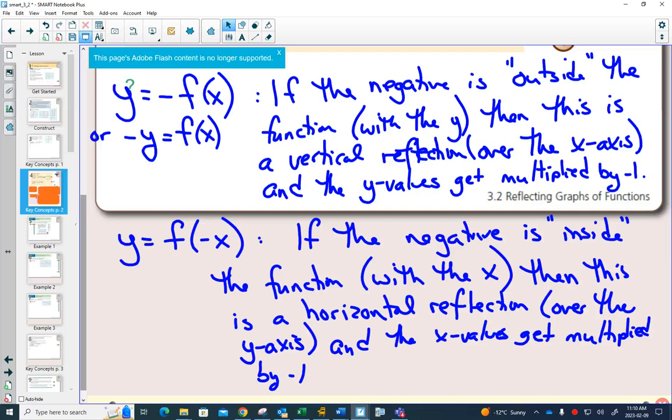This is the one time that inside the brackets with the x, it doesn't do something crazy opposite. The negative does exactly what you think. It multiplies by negative 1 for both the y and for the x.